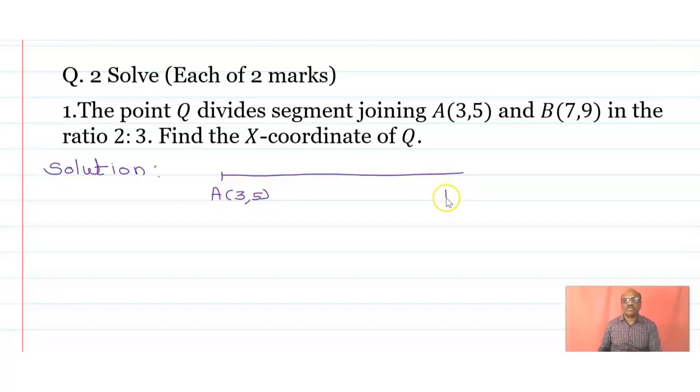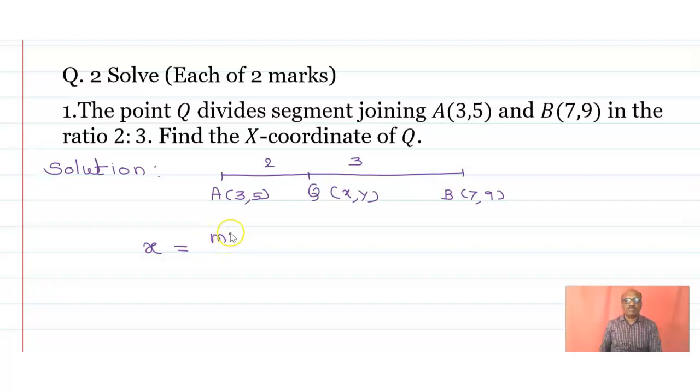Next B (7, 9). This Q divides in the ratio 2 is to 3. We want to find out the x coordinate. We only need one. Therefore x is equal to, what is the formula?